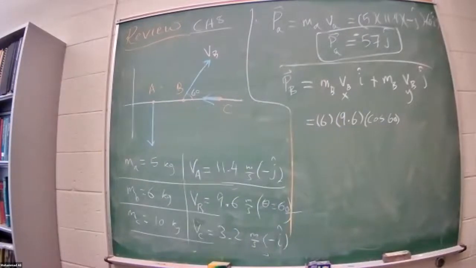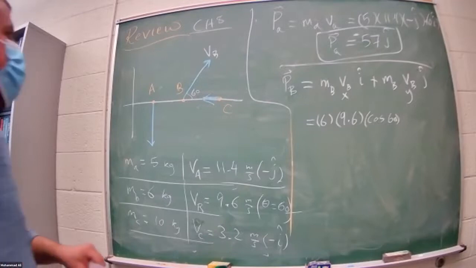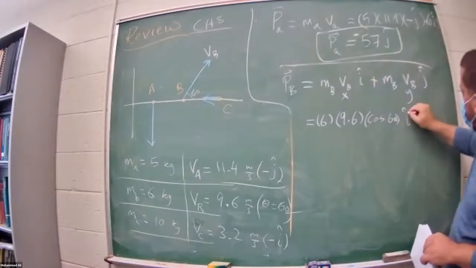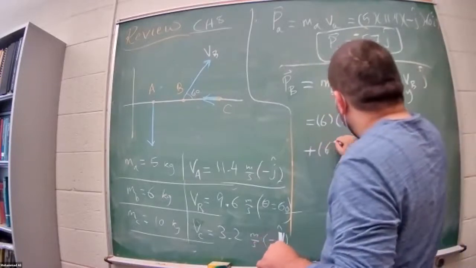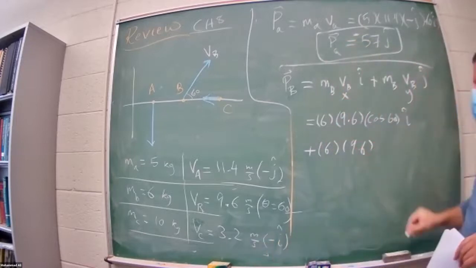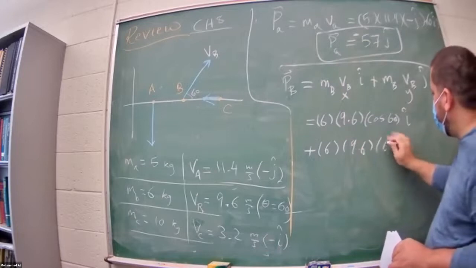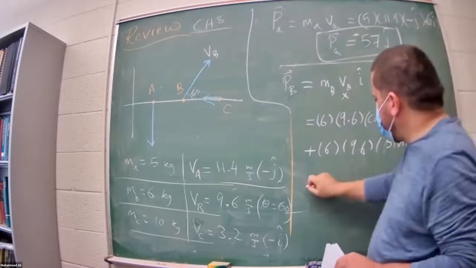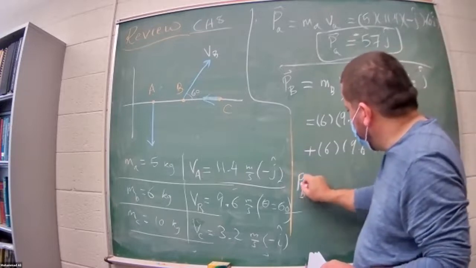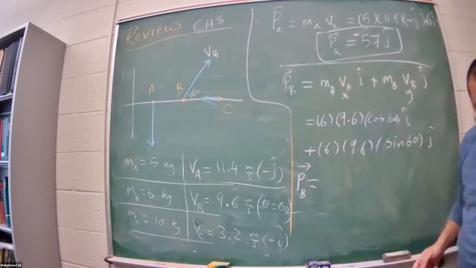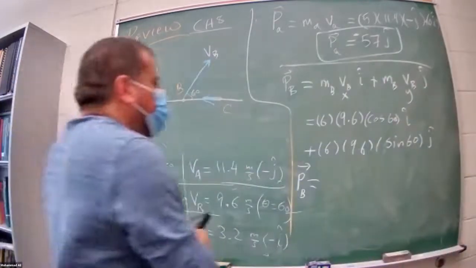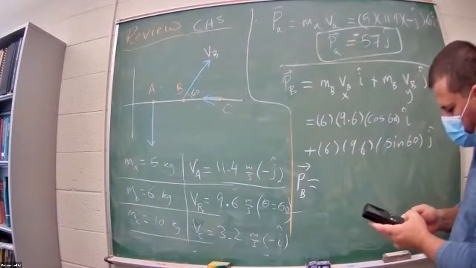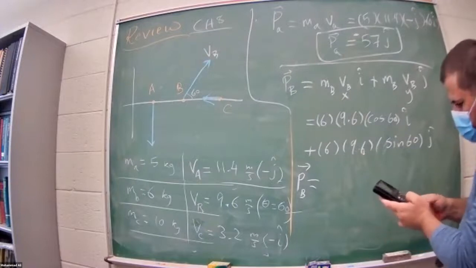Is PA in the negative? Yes, it is in the negative Y direction. PA. Now, this is an I hat plus the mass multiplied by the velocity, which is the speed, multiplied by sine 60. J hat. This is PB as a vector. This will be equal altogether using the calculator: 6 times 9.6 cosine 60, which is half.